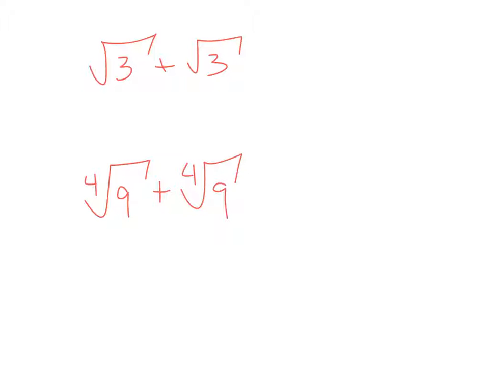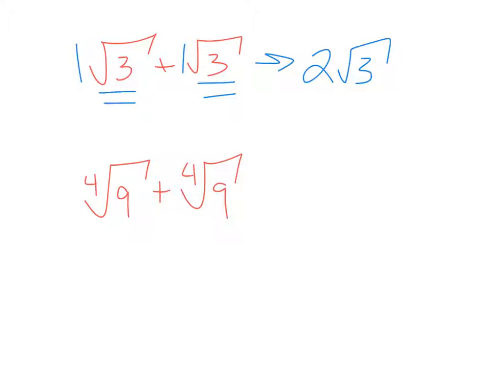Wait a minute. What was x plus x? 2x. So what does it, 2 square root of 3. Okay. Is that okay? Now there's 1 radical 3 plus 1 radical 3. They're the same, which makes us happy.